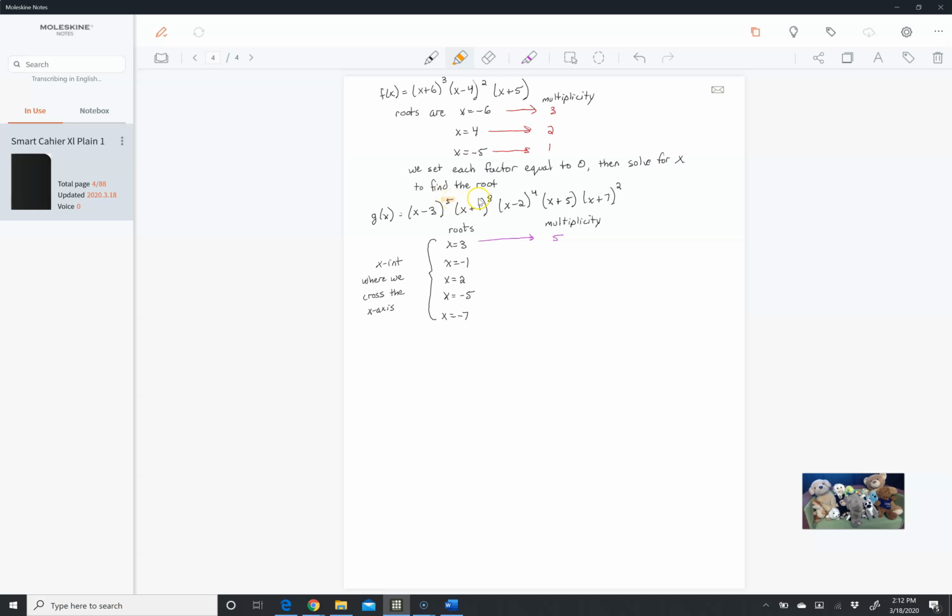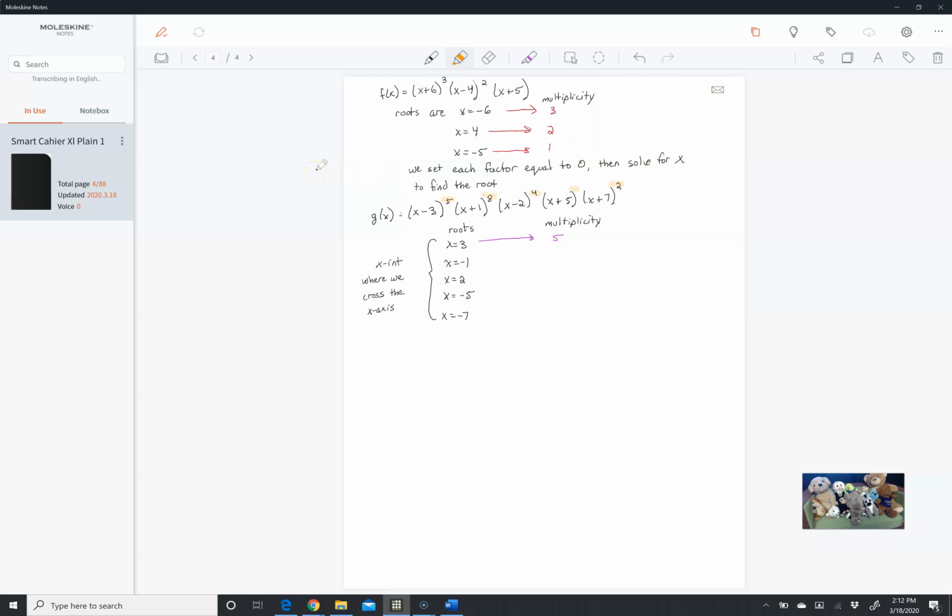The 5. Then we have the 8 for the x equals negative 1. The 4 for the x equals 2. Here there is nothing here, but we know that it's a 1. And then for the x equals negative 7, we have a 2. So we're getting the multiplicities from there.